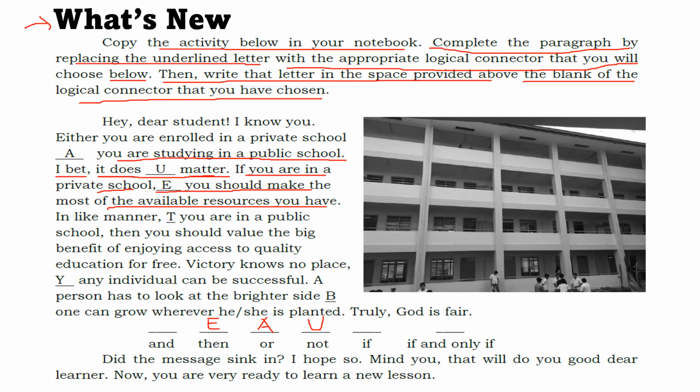In like manner, blank, you are in a public school, then you should value the big benefit of enjoying access to quality education for free. What will be the right logical connector that we can use on this blank?